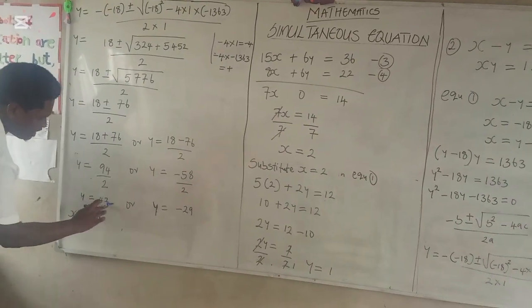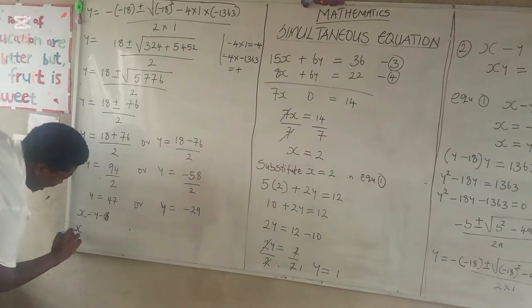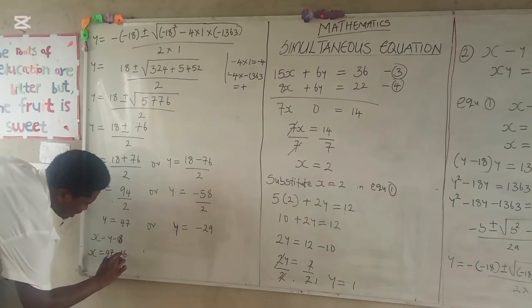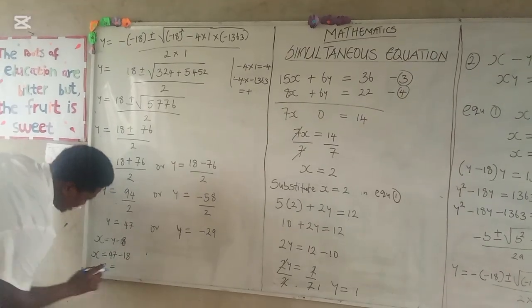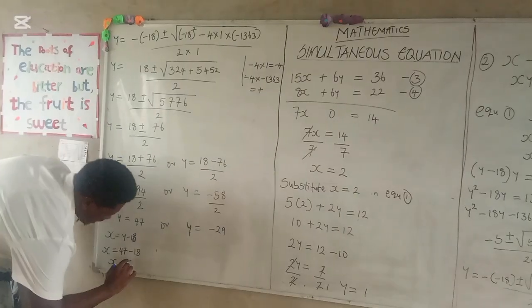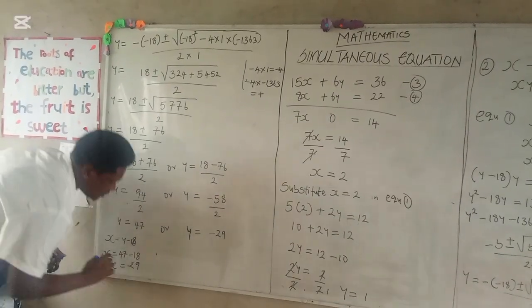So when y is 47, what is x? x is equal to 47 minus 18. So x is equal to 47 minus 18, we'll ascertain 29.